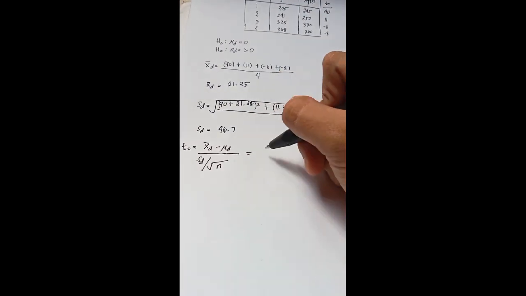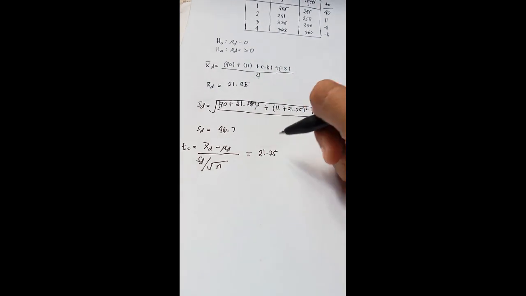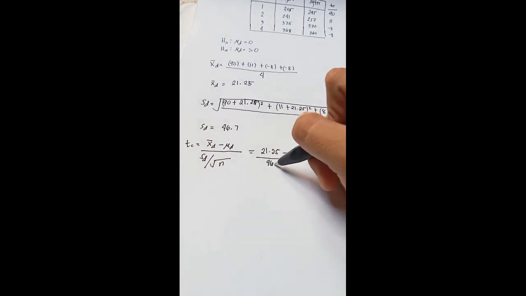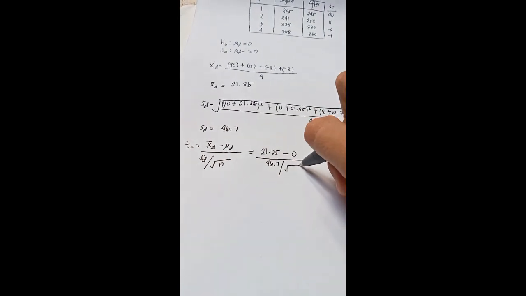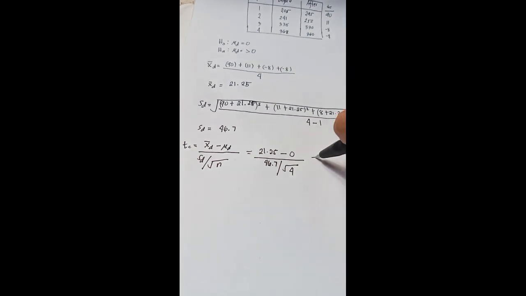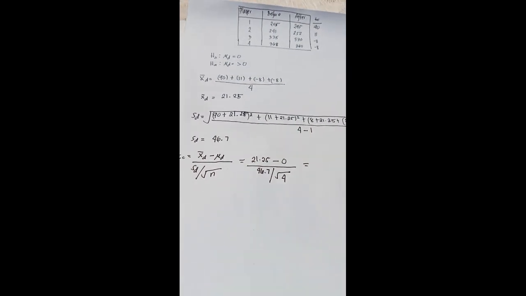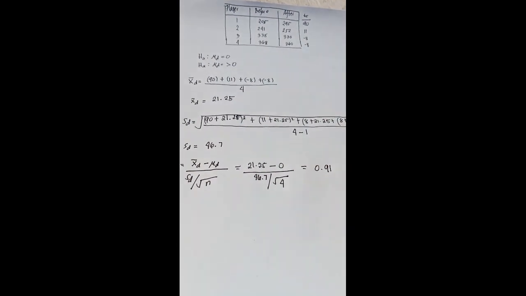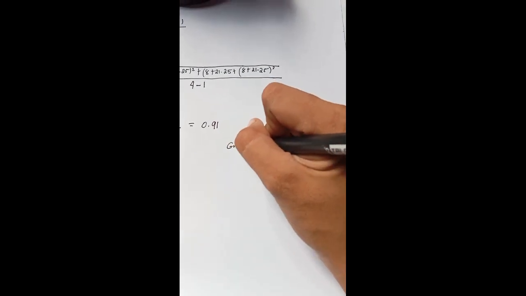So again, that is 21.25 minus 0, over 46.7 over the square root of 4. Let's solve. The answer is 0.91. So we're going to draw a graph.